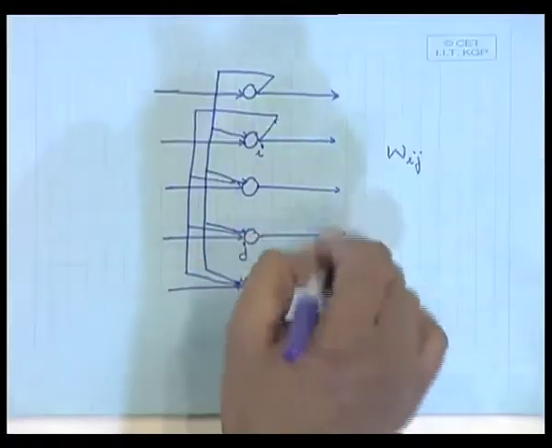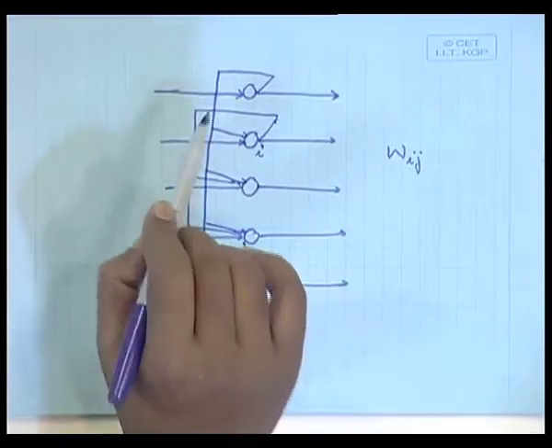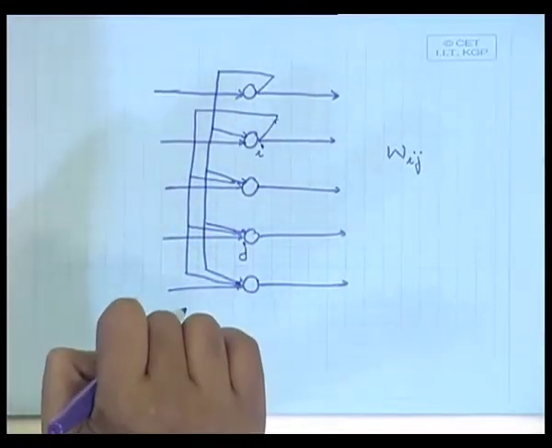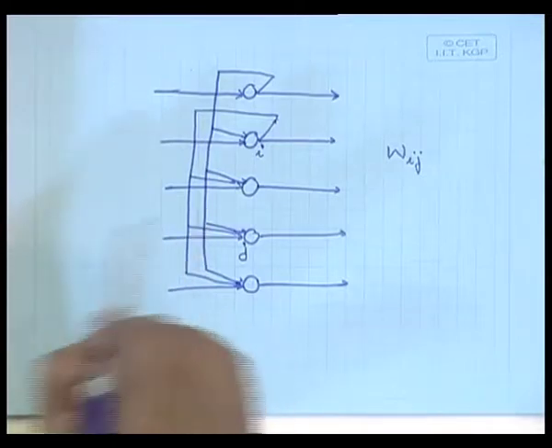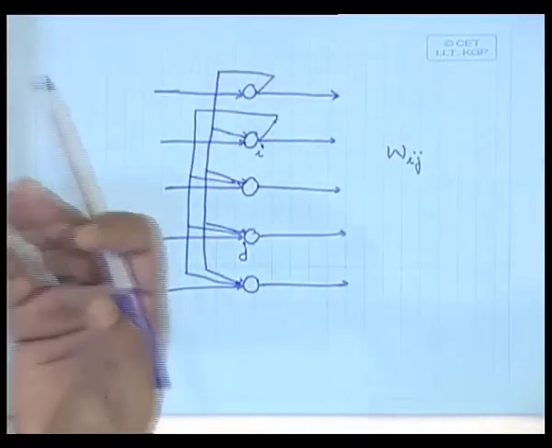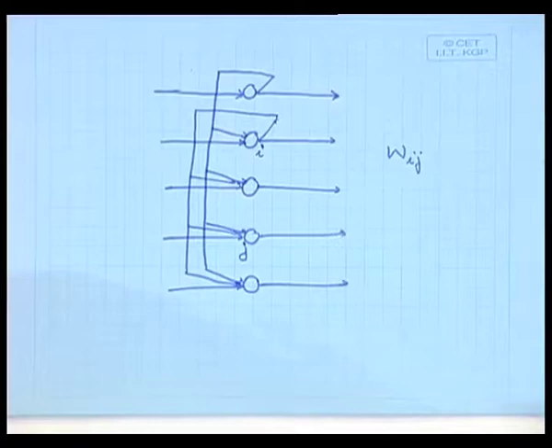And when you feed an input, because it is a feedback network, from every node I get input to every other node. All the nodes can be fired or activated asynchronously, that is, the order in which the nodes operate is not specified. They can work in any order.